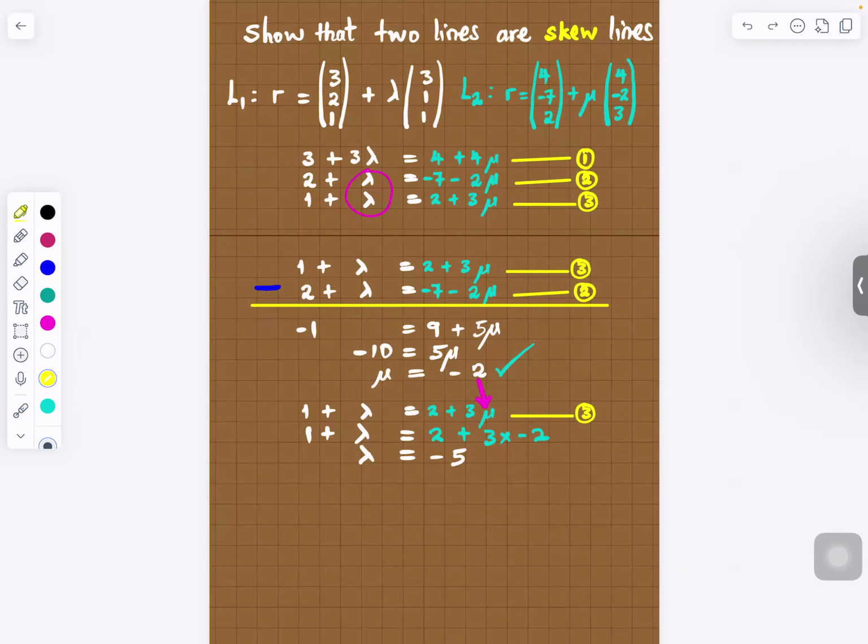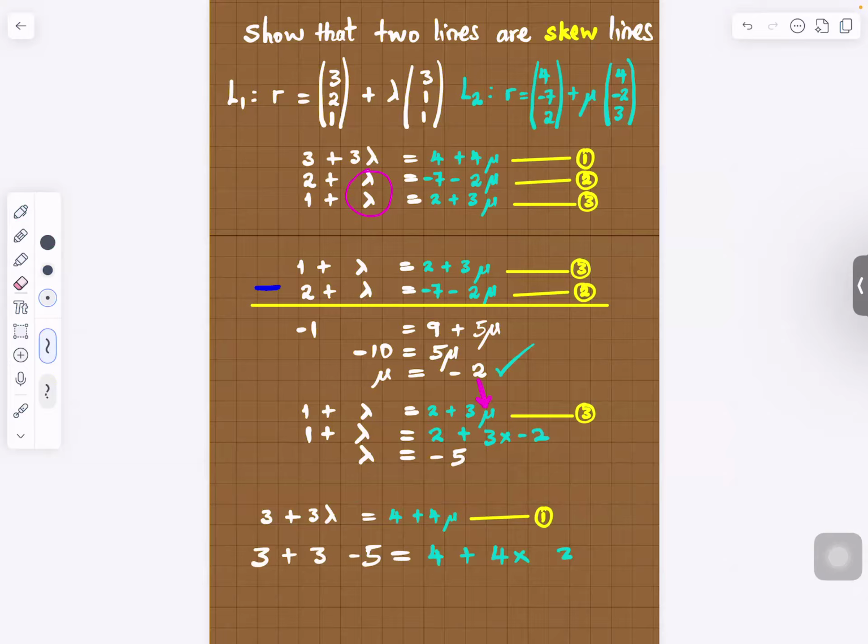You substitute mu and lambda into equation 1. So you take equation 1 and put mu and lambda in it. So 3 plus 3 times minus 5, is that equal to 4 plus 4 times minus 2?